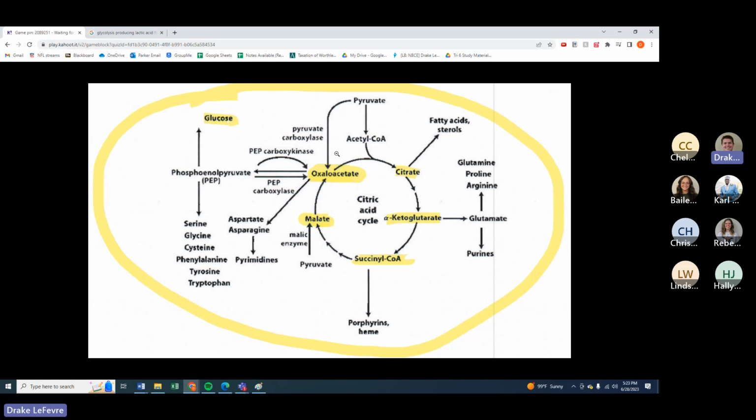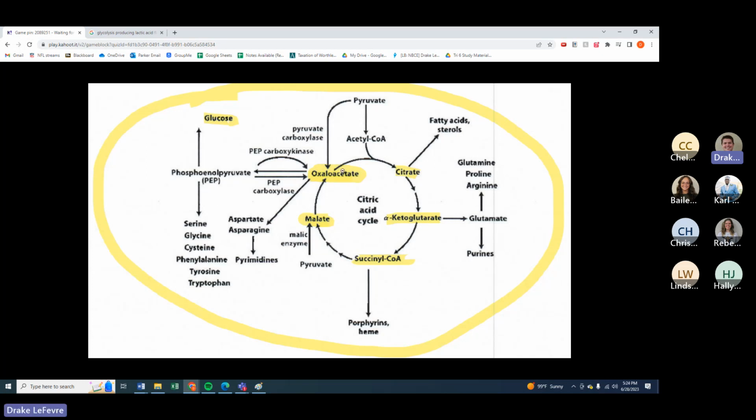Don't try and memorize all of this. Just get yourself a general idea of what's going on here, and those sorts of questions will come from here. If you have the time, I'd recommend drawing this out a couple of times. The big ideas are knowing alpha ketoglutarate, glutamate, and the purines, and the pyruvate to malate to oxaloacetate pathway.